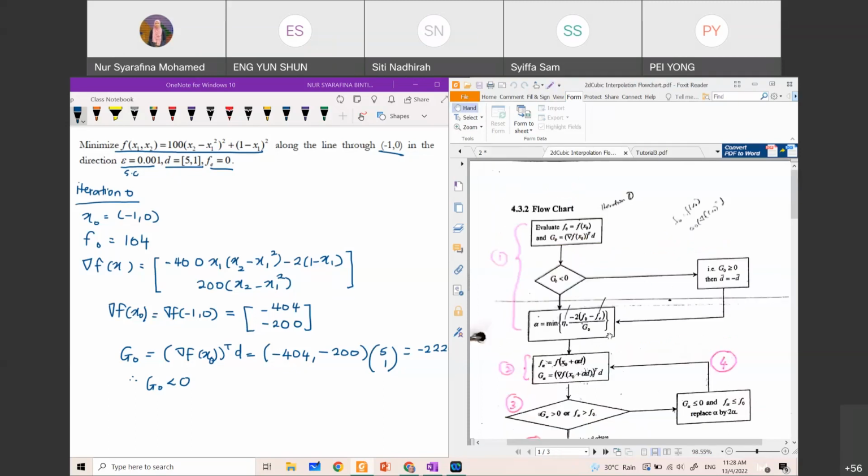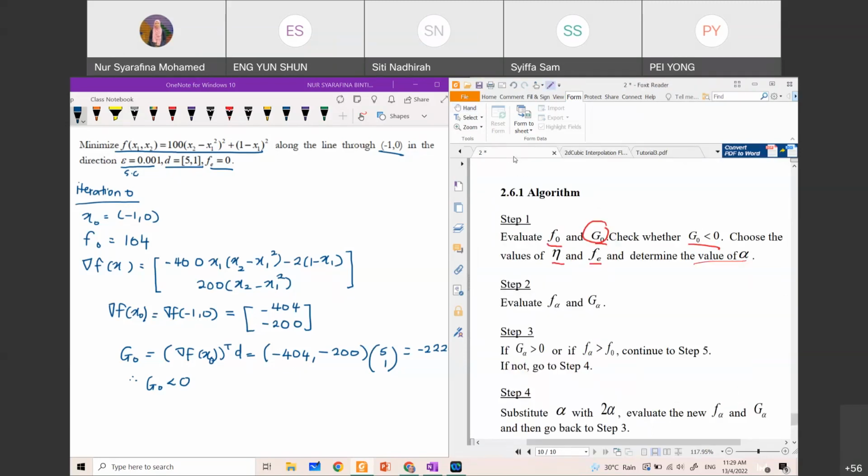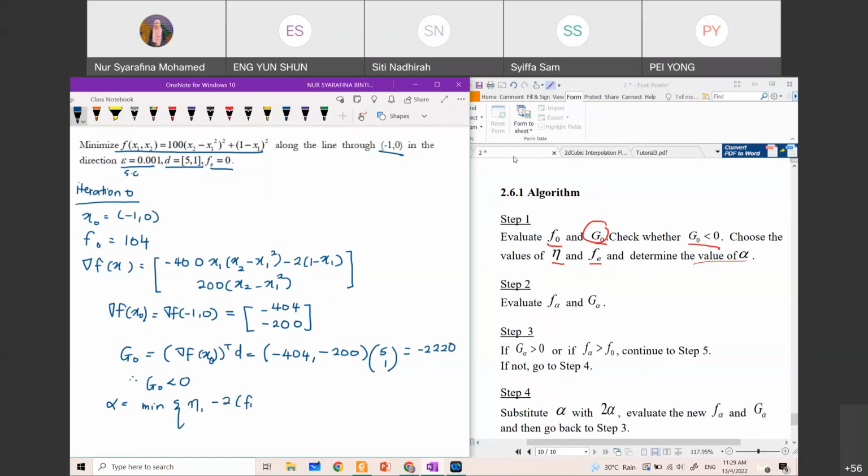Alpha is the minimum of eta and minus 2 (f0 minus fe) over g0.